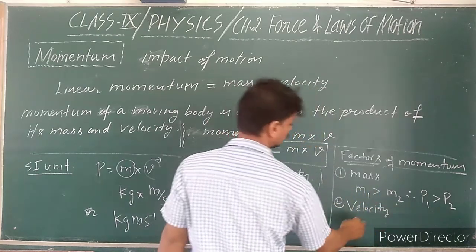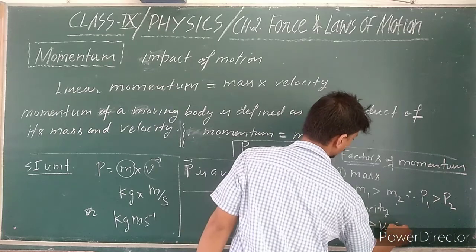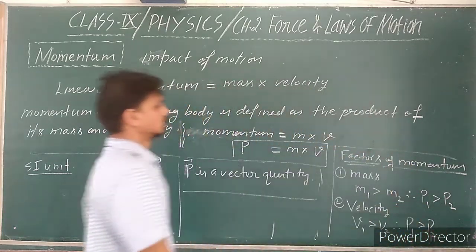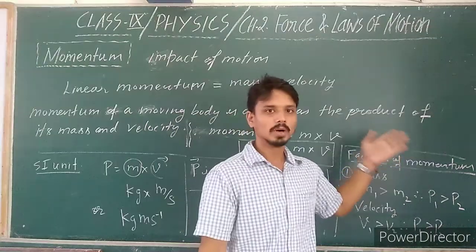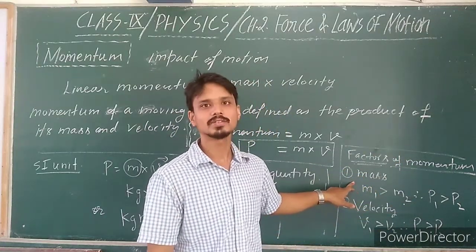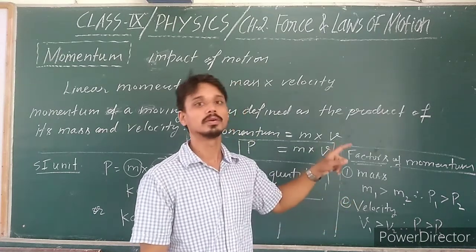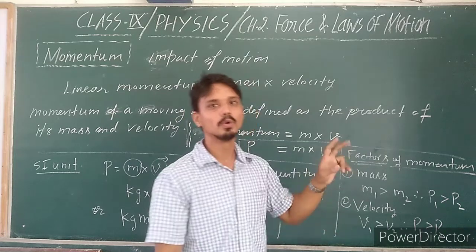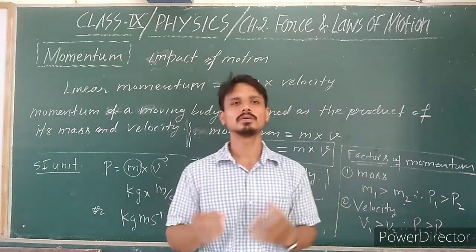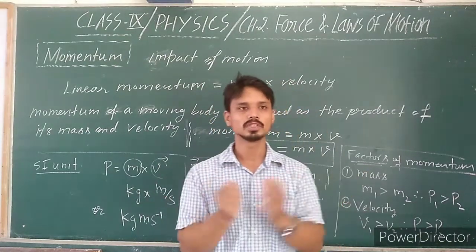If the first object has a greater velocity, obviously it has a greater momentum. A moving body has a large momentum if, number one, its mass is large, or number two, its velocity is large, or mass and velocity both are large. So it means a heavier object has a large momentum, or a faster object has a large momentum.